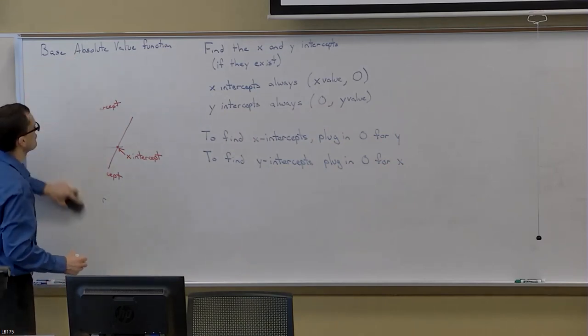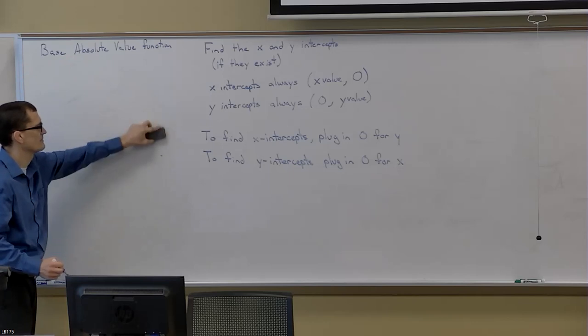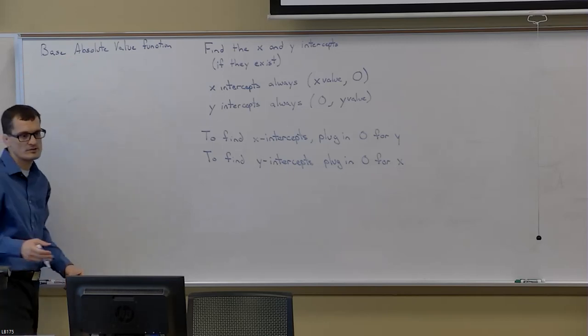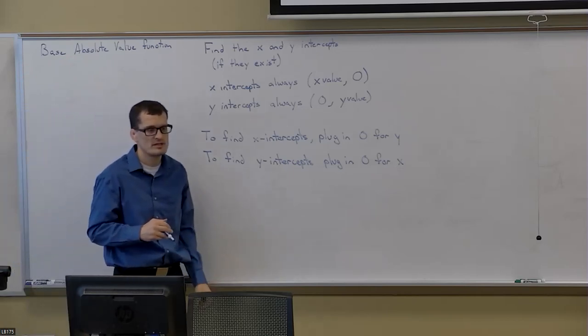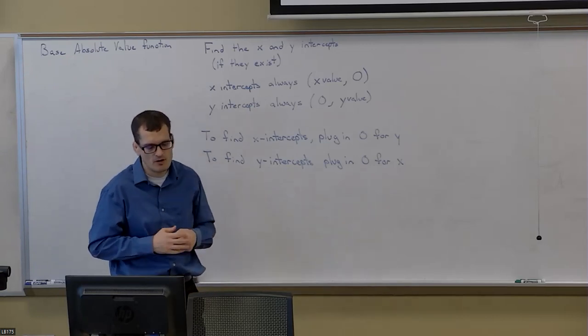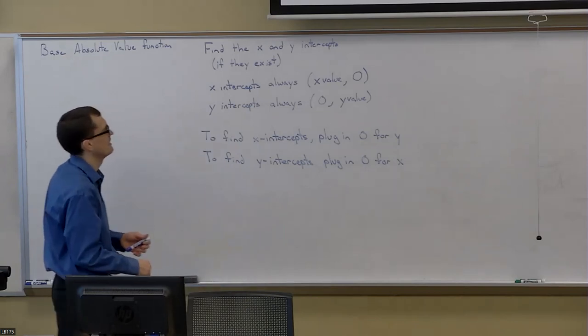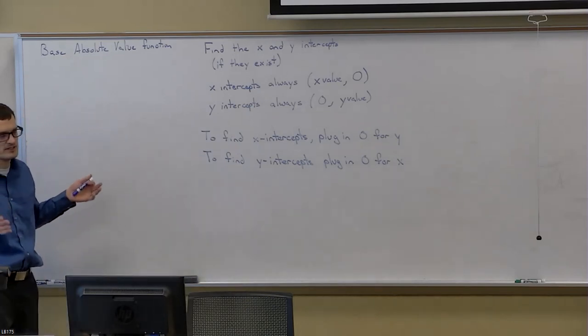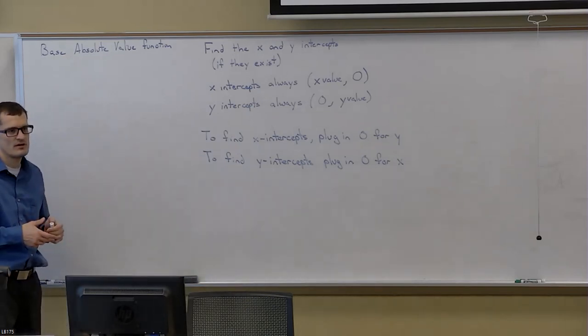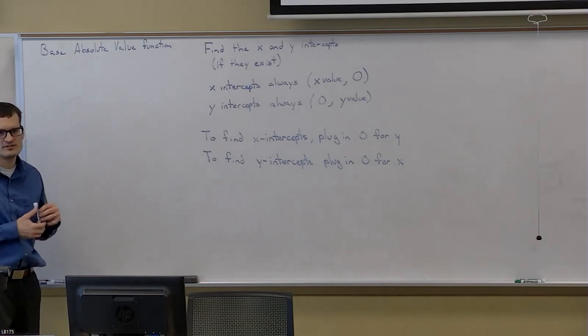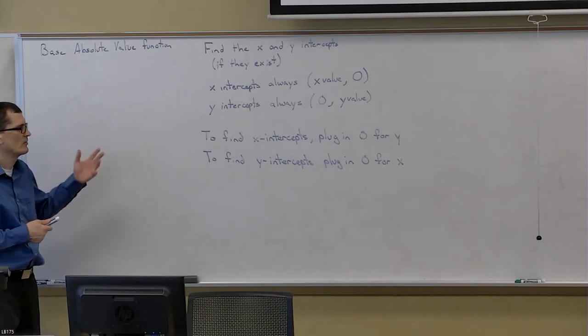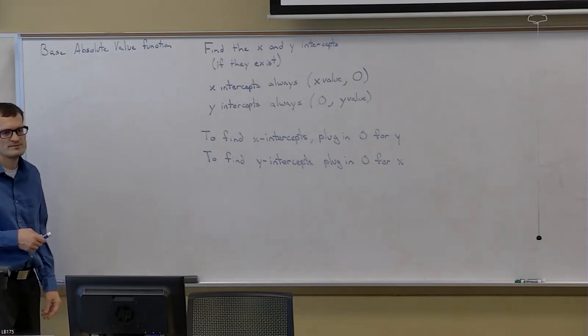And so if we know transformations and how those work, which we did in 1.5, and we know how to find our x and y intercepts, then we can basically find what, for this class, we're going to be looking for with absolute value functions. How are they shifted from the base function? And then what are the x and y intercepts?